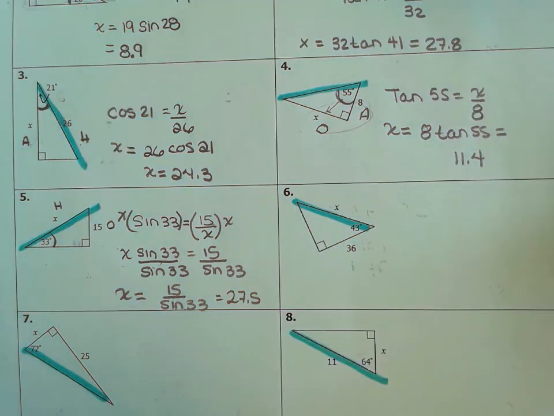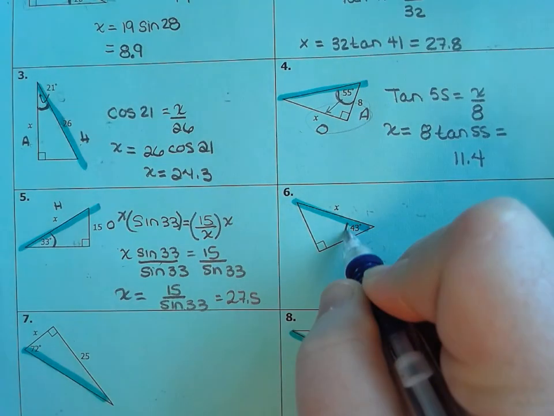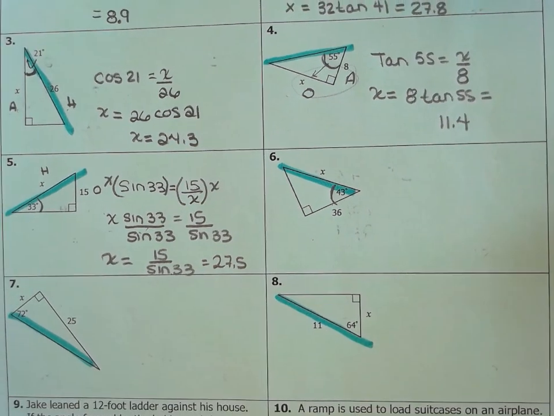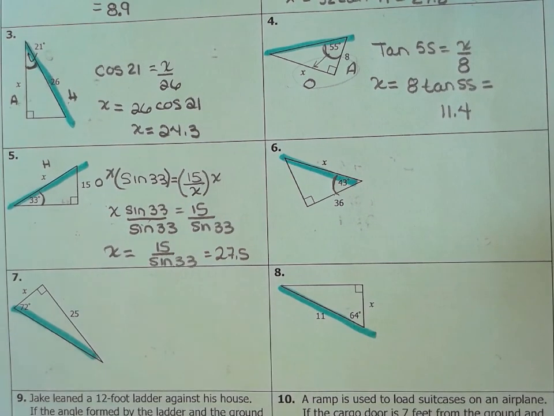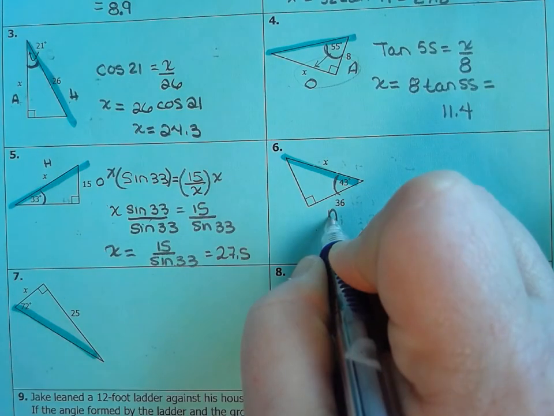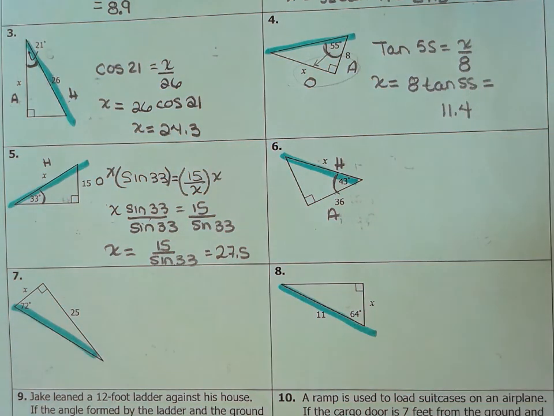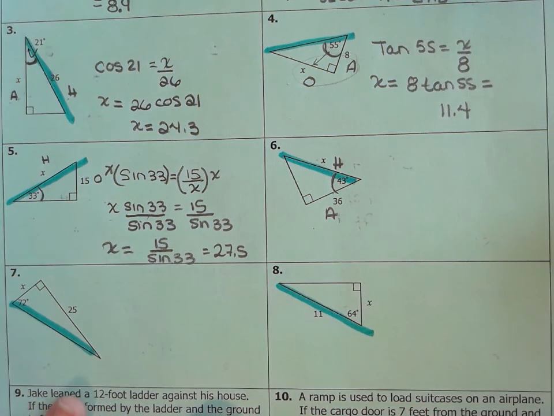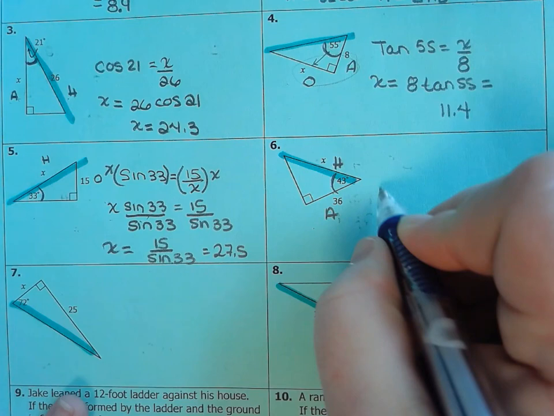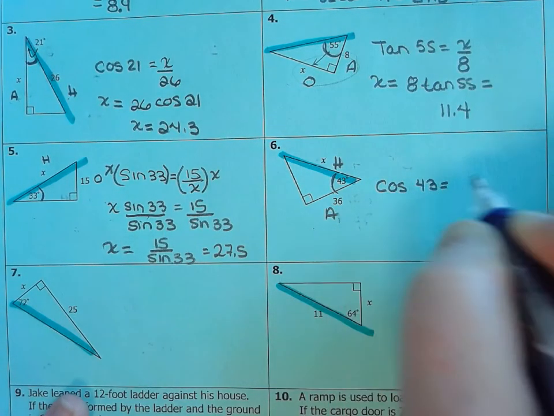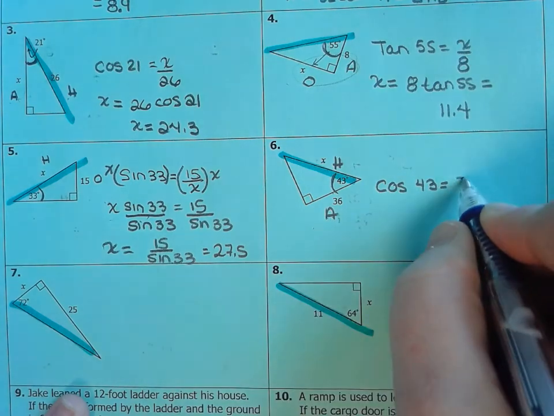And then once again, I'm going to keep going ahead. And this is my adjacent and hypotenuse. So that is cosine. So the cosine of 43 degrees is equal to adjacent, which is 36, divided by the hypotenuse.